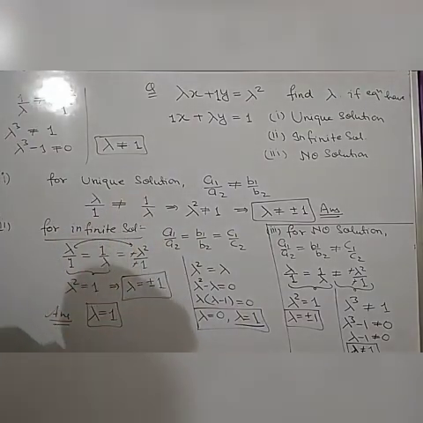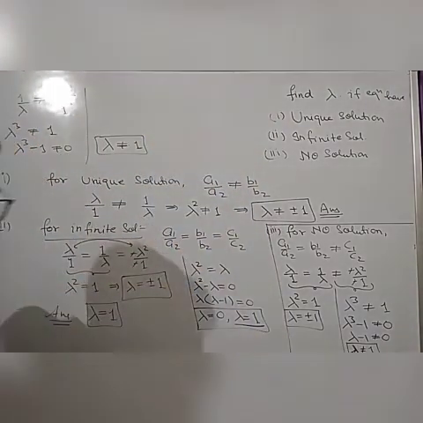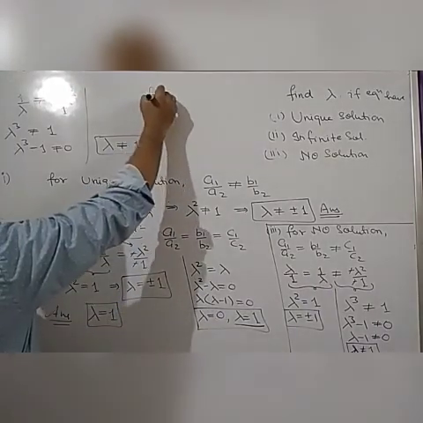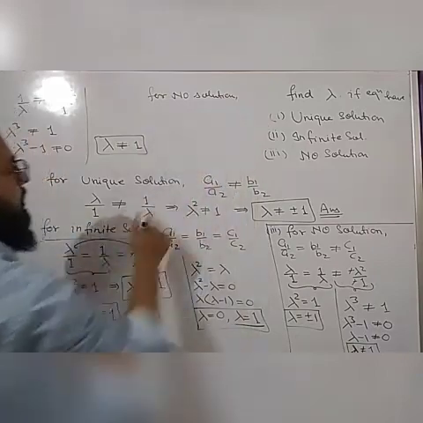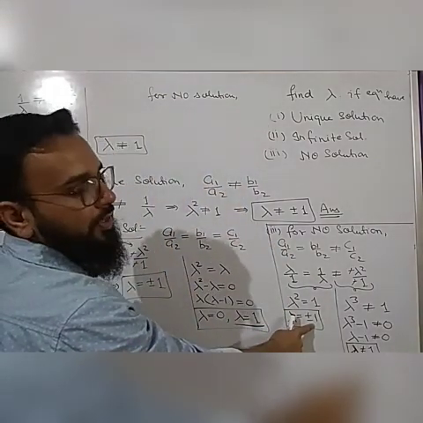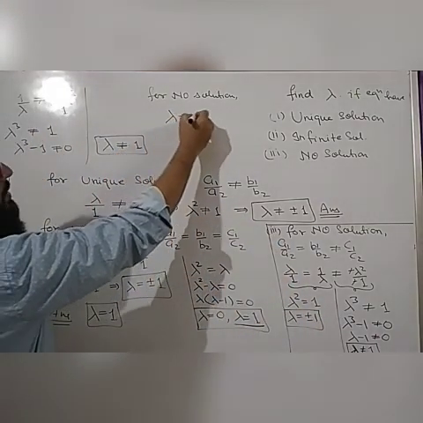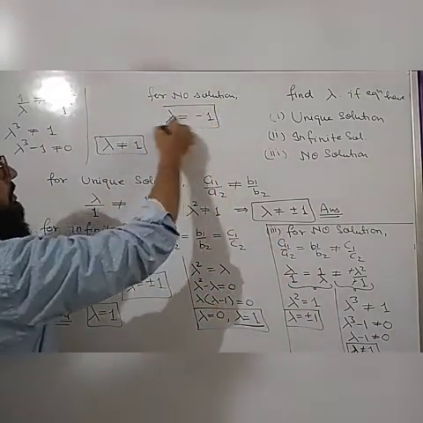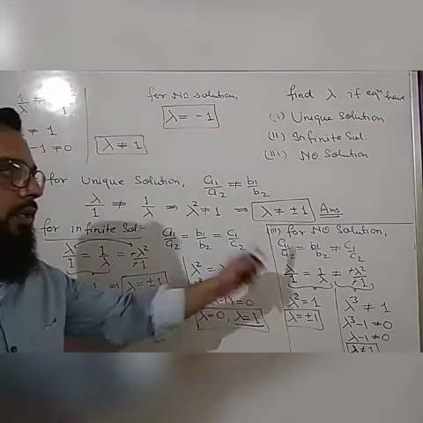So what will be the answer for no solution? For no solution, lambda should not equal to 1 and lambda is equal to plus minus 1. It means plus 1 we cannot take, so lambda will take the value minus 1.